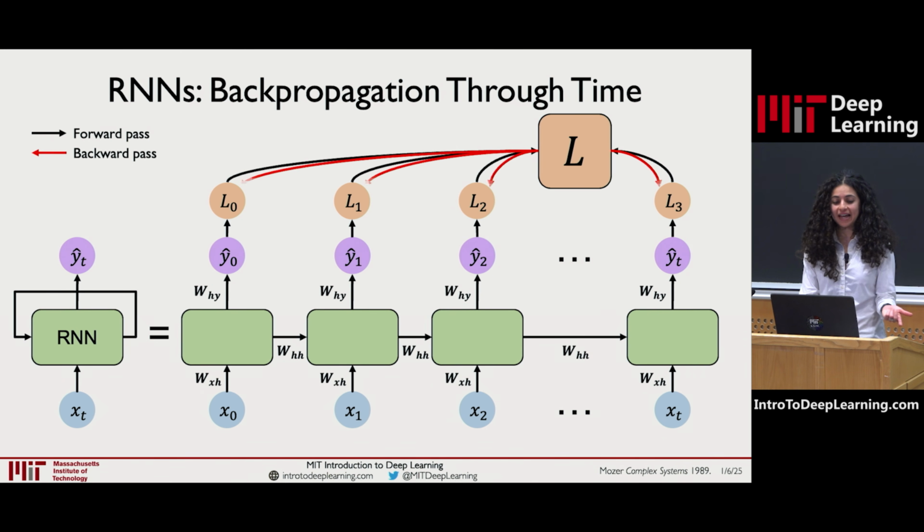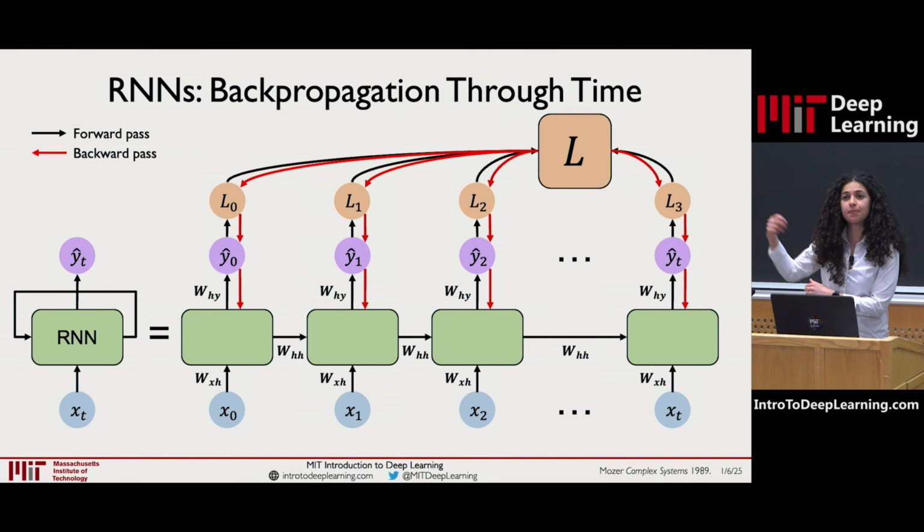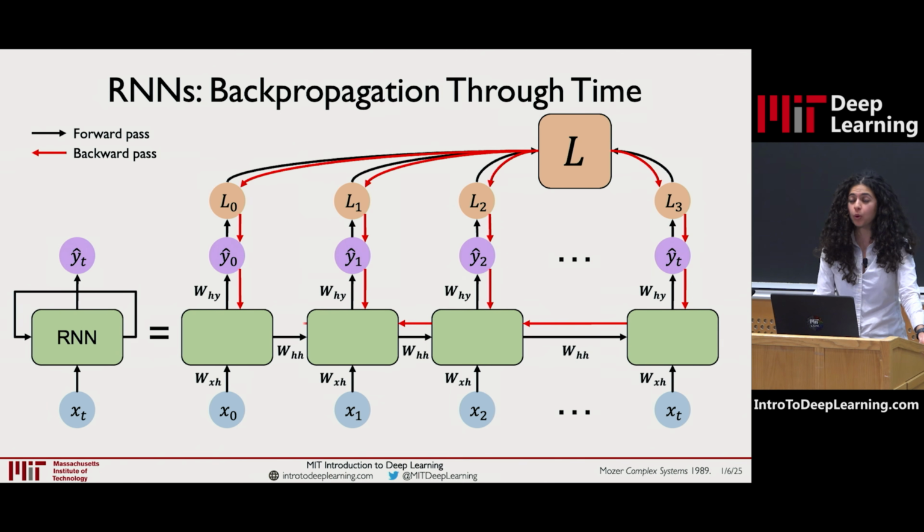What that means is that instead of backpropagating these loss values through a single feed-forward network, we need to backpropagate errors across these individual time steps, such that we can carry errors from late time steps all the way back to the beginning. The algorithm for doing this is what we call backpropagation through time, such that errors flow from all the way back late in the sequence to the very beginning.